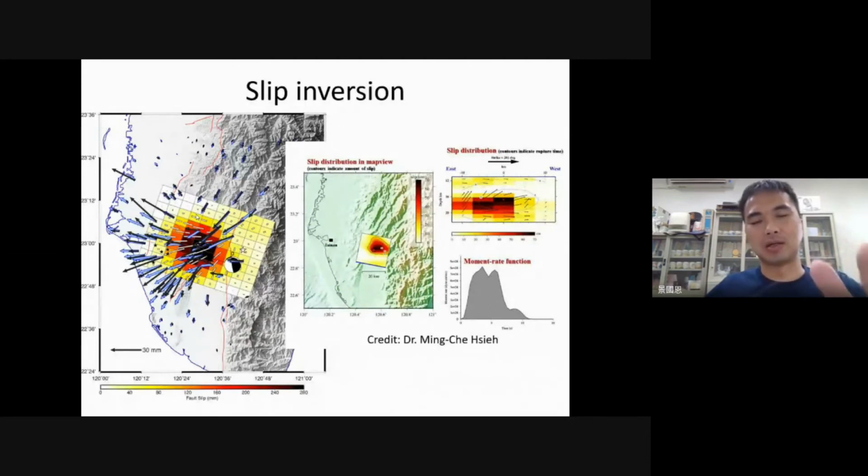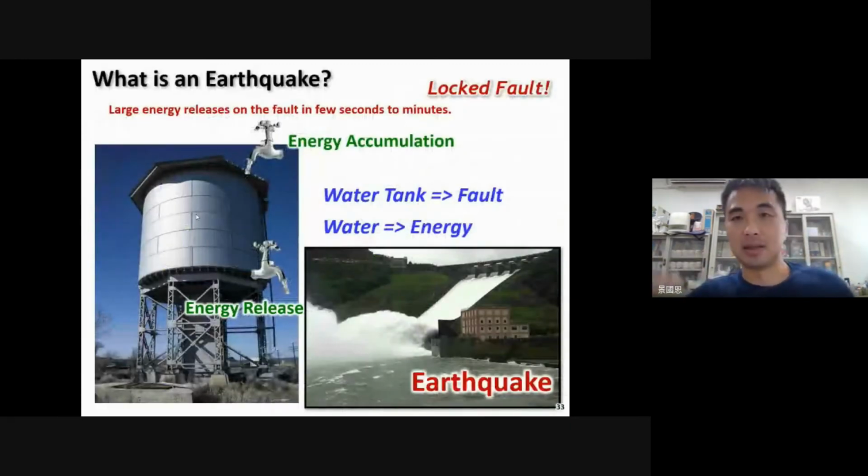So once an earthquake occurs, we can get precise information about the faults deep in the earth's interior.